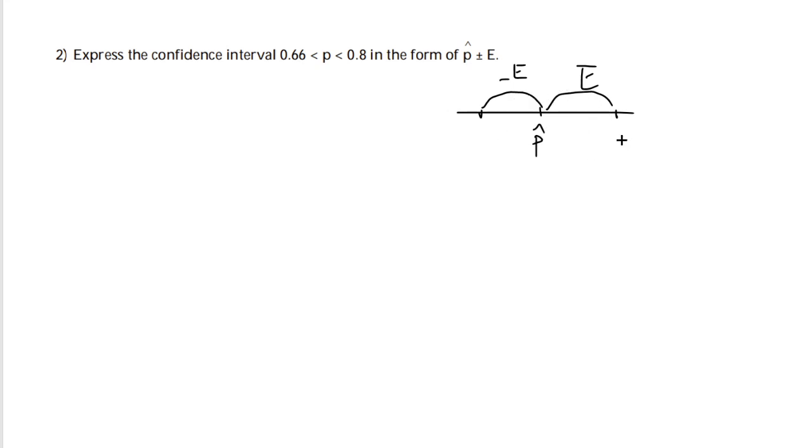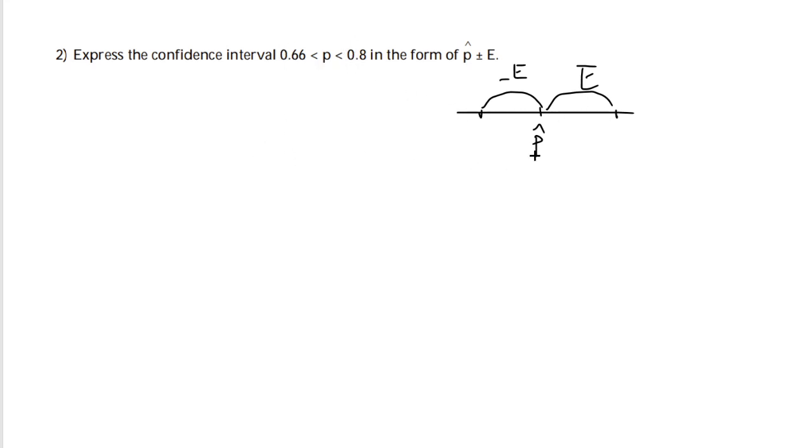But for a given confidence level, you have this upper critical level, defined as p hat plus e, and the lower critical level would be p hat minus e, right? Because this is the structure of this interval, and you're saying that this is 0.66 whereas this is 0.8, you can see that p hat is at the midpoint of these two extreme values.